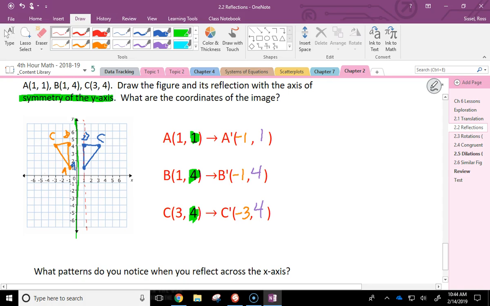I want my line of reflection to be at x equals 1. So I want it where I go over 1. It's no longer my y-axis, it's over 1. Would I still just flip all my things? So, since the B and A are on the line of symmetry, you only put the C over and make it under the other shape.